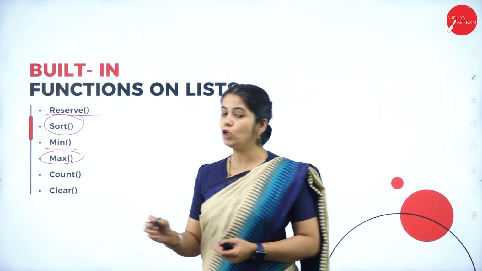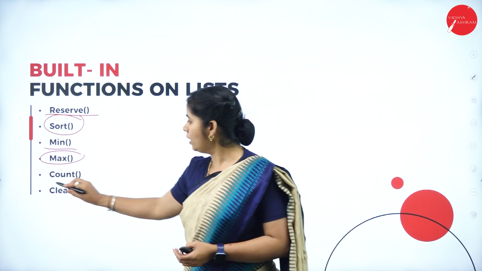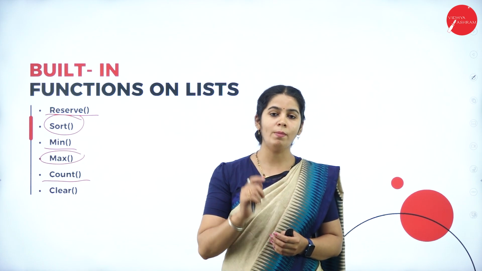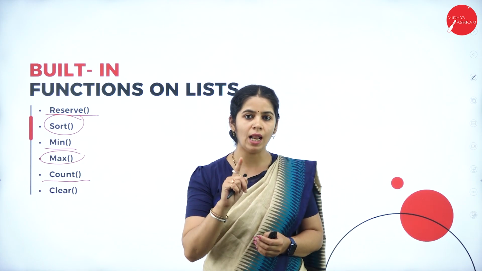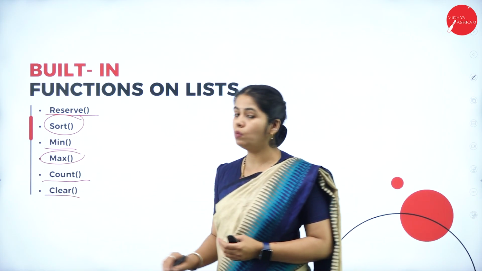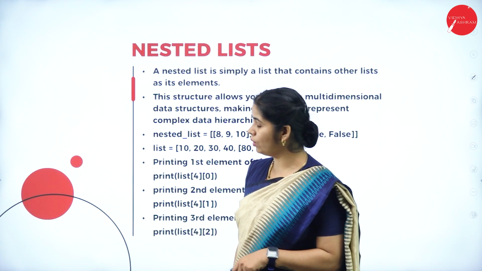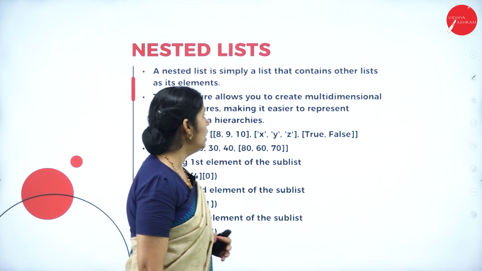Max is a function used to find the maximum valued object in the list. Then count. It can count how many times a single element is repeated in the list. Then clear. It will clear the content of the list. So these are some of the built-in functions we have on the list.